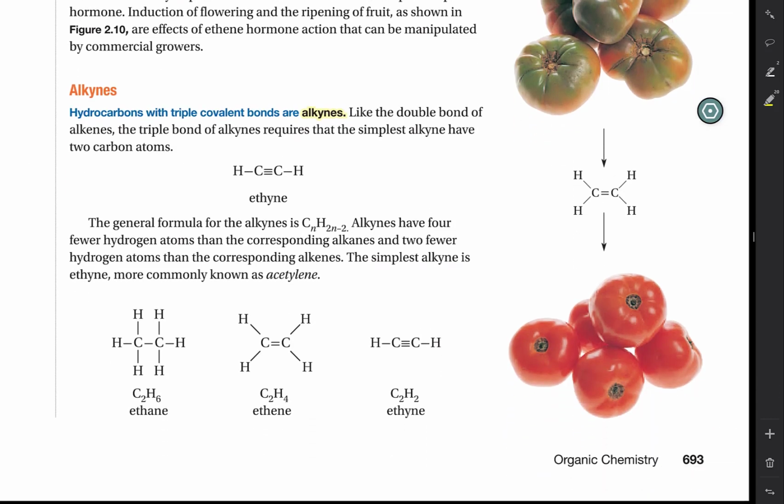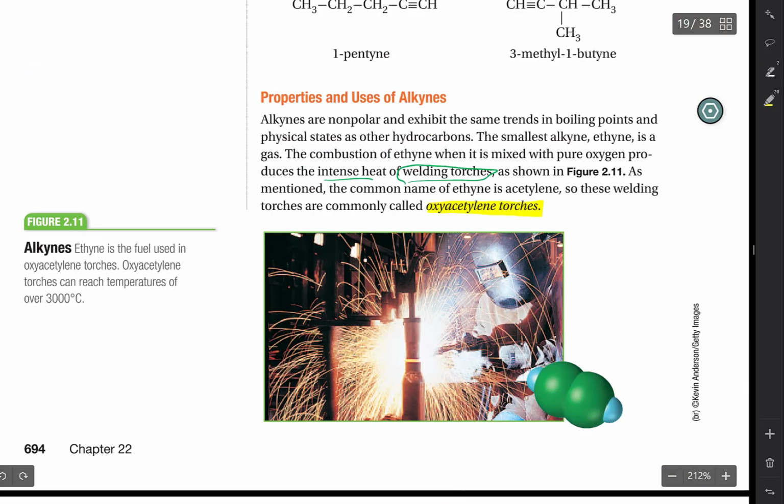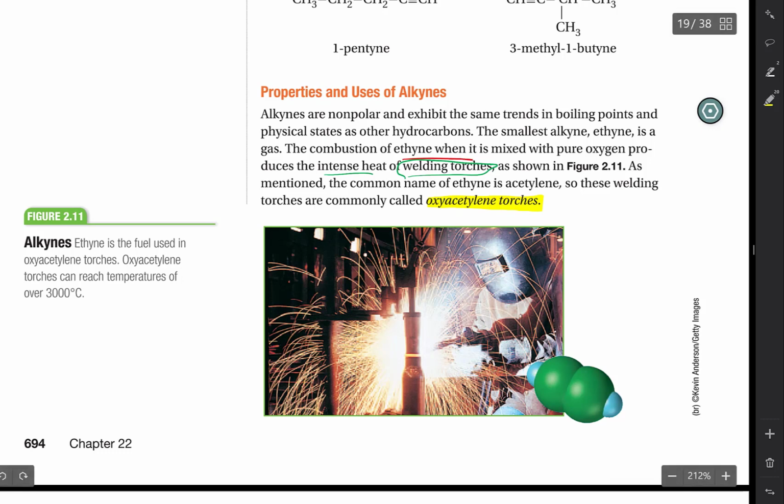The ethyne, whose common name is acetylene, and we use it in welding torches. When we mix it with oxygen, we call it oxyacetylene, which we use for welding because it produces a lot of heat when we burn it, upon combustion.